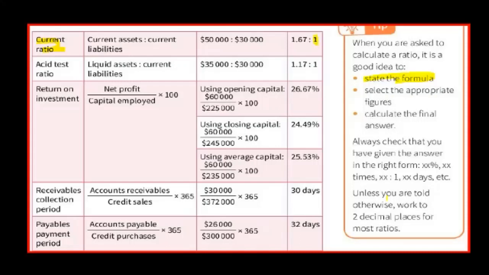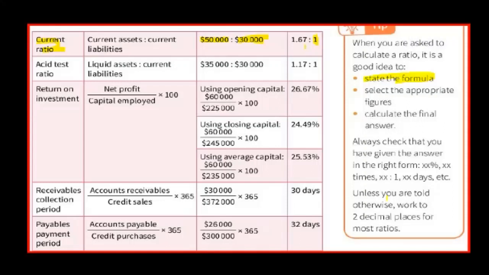How do we get the 1.67? We take the 50,000 and divide it by the 30,000, and we get 1.67. What this ratio means is that our current assets are covering our current liabilities 1.67 times.